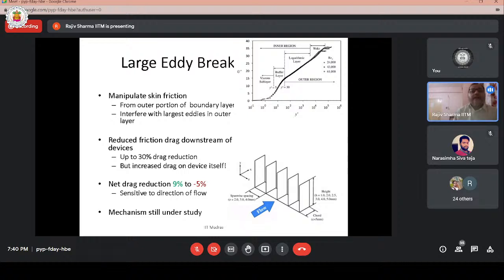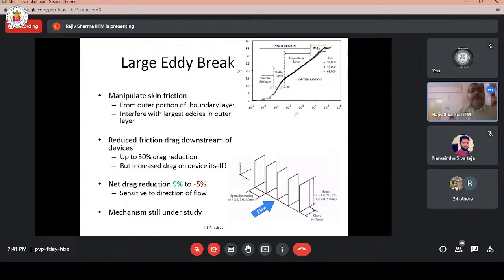Another idea which came into the picture around 20 years ago is called the large eddy break-up. The idea is very simple.